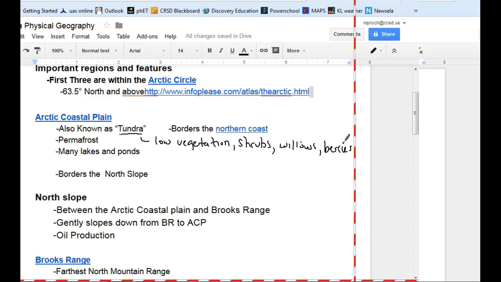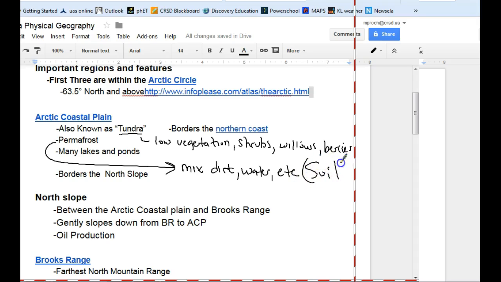And then it also has something called permafrost, and permafrost is just a mix of dirt, water, etc. So it's just the soil plus a little bit of water, and it's so cold there because it's near the Arctic Circle that it's frozen all the time.